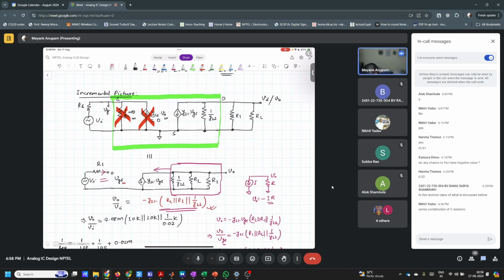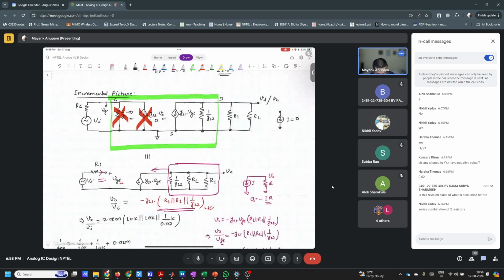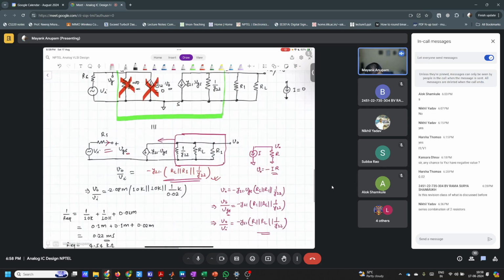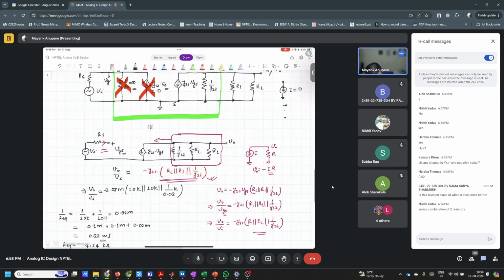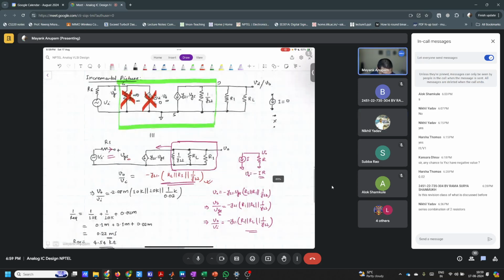If no current is flowing through a current source, I is equal to 0, which means open circuit. Between these two terminals there is nothing, no connection. Open circuit, correct?